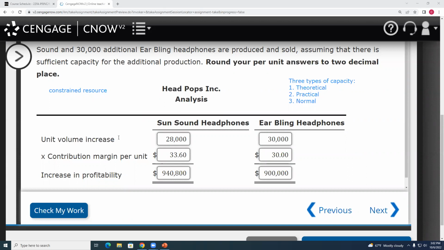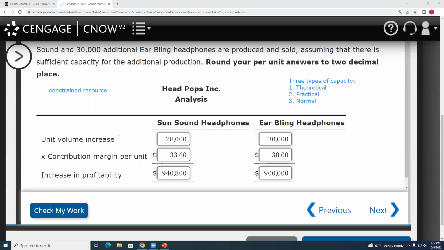Maybe there's one machine that's really expensive, and so we can't afford to buy another one. And that machine is already being run as close as possible to 24/7, 365. So if we need that machine to produce the headphones, that's our limiting or constrained resource.